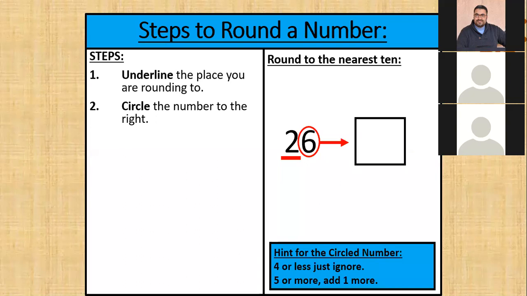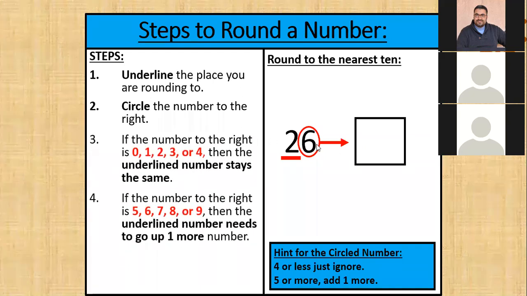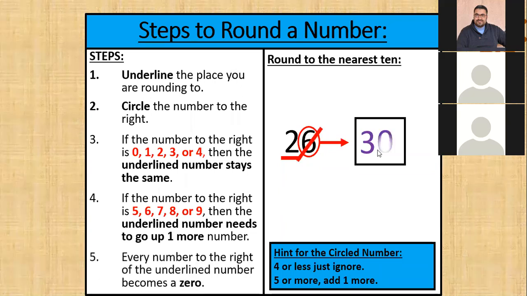Step number 3, we check the number we circled. Is it rich or poor? 6 is a rich number. So 6 will add 1 to 2. So 2 will not be 2 in the answer. 2 will be 3. And the last step, we cancel 6, and put 0. So the answer will be 30.